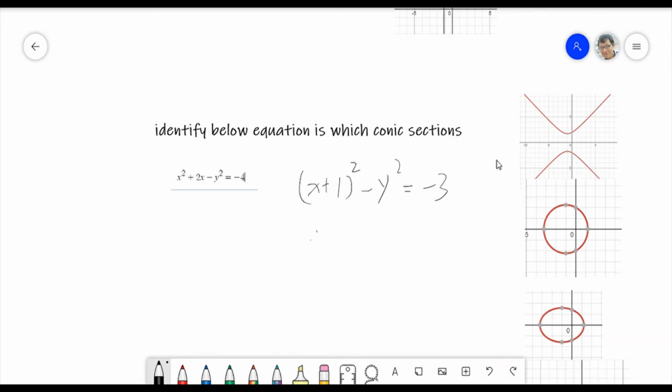So we divide both sides by negative 3, giving y squared divided by 3 minus x plus 1 squared divided by 3 equals 1. By our standard equation, this should definitely be a hyperbola. So what about the second one?